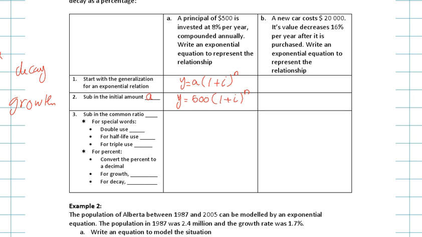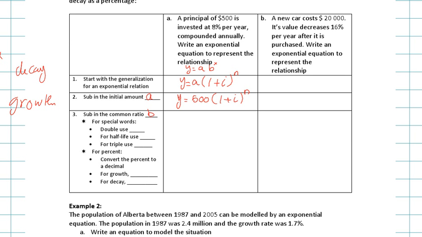Now the common ratio in this case, I have to use 1 plus i. If the common ratio is given to you, we use the formula y equals a b to the power of x or n. The common ratio, in this case, is 1 plus i, but in other cases it's just b.